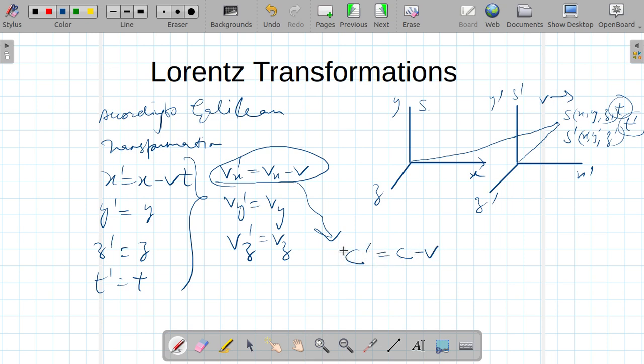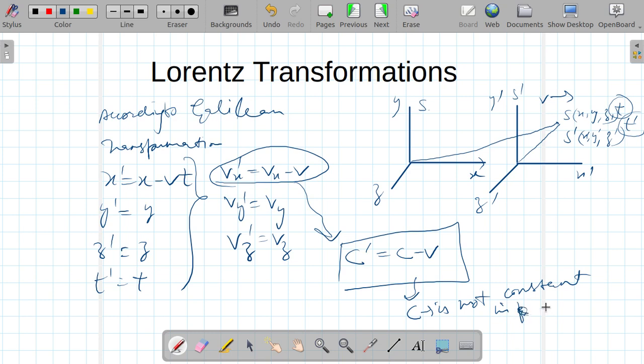So that means the conclusion from this is that c is not constant in all frames, in all frame of references, is the conclusion which we are drawing from the Galilean transformations.